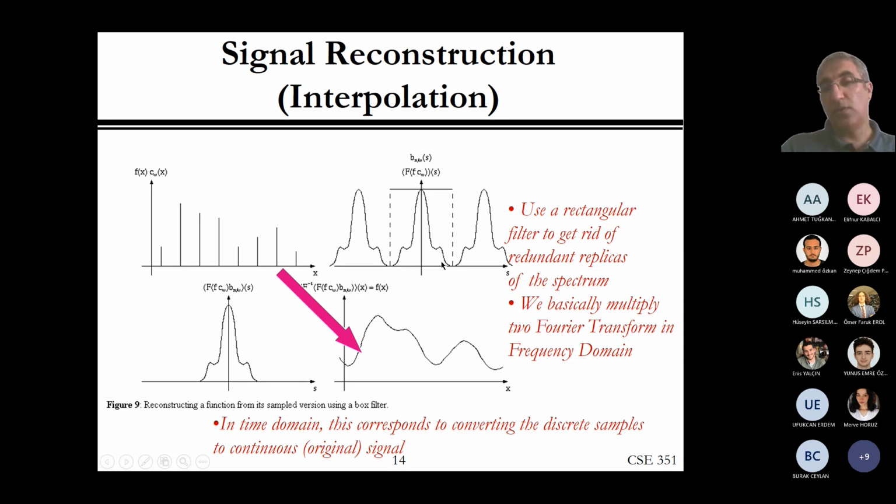In frequency, this is called filtering. And what does it mean in time domain? Since this is a rectangular, we just multiply the rectangular shape with this signal, right?